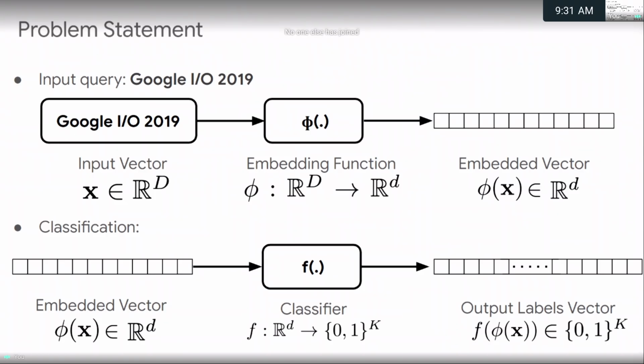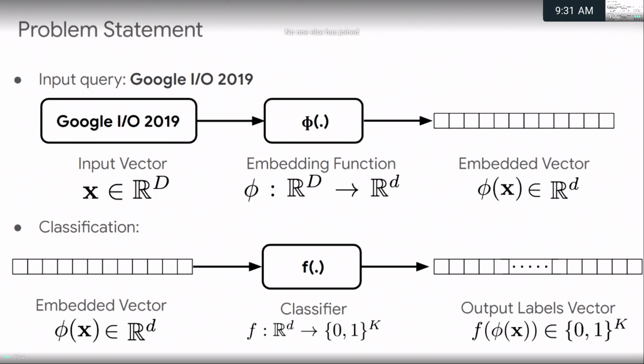If we have k different labels, let's say 25 million labels, we have a vector of size 25 million where each entry is either 0 or 1. It's 0 when that label does not correspond to that input, and it's 1 when that label is basically in that entry. So this is our classifier, and then our output label vector.